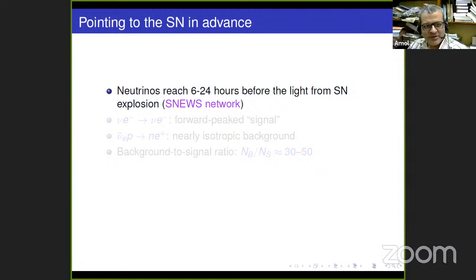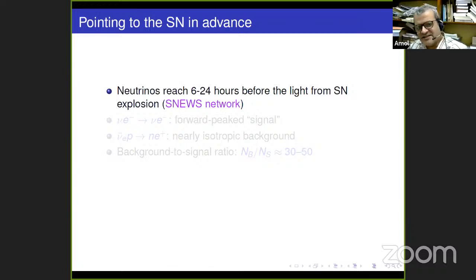As soon as collapse happens, neutrinos start. On the other hand, for light to start, the shock wave has to actually come out and explode the envelope. Okay, and this process of the shock wave coming and breaking up the envelope can take anywhere between 6 to 24 hours depending on the star.